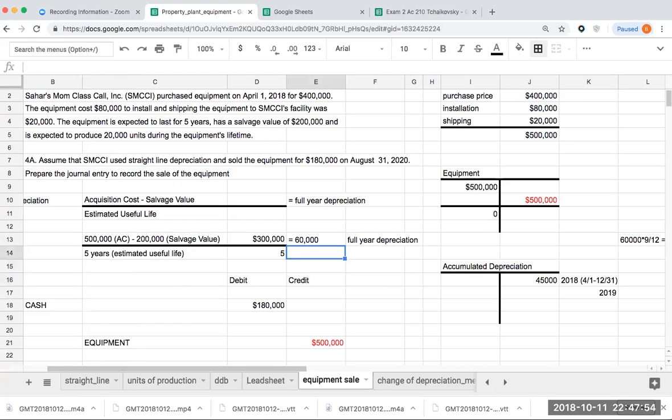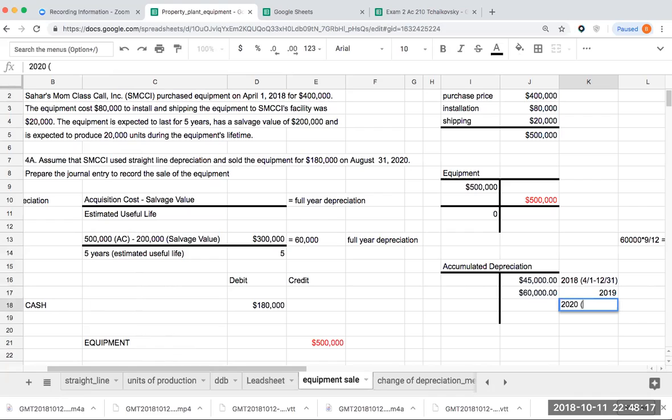That was $60,000 for a full year times 9/12. How much did we take in 2019? We took $60,000, because that was the depreciation for a full year. But what about in 2020?